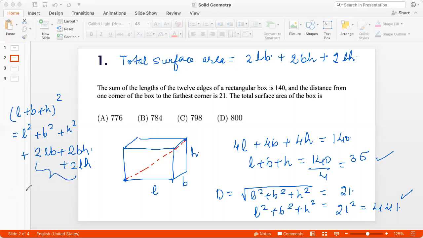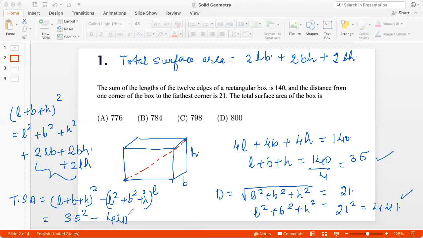So we can say that total surface area is L plus B plus H the whole squared minus L square plus B square plus H square, right? So that will be, what is L plus B plus H the whole squared? That is 35 squared, and L square plus B square plus H squared is 441.